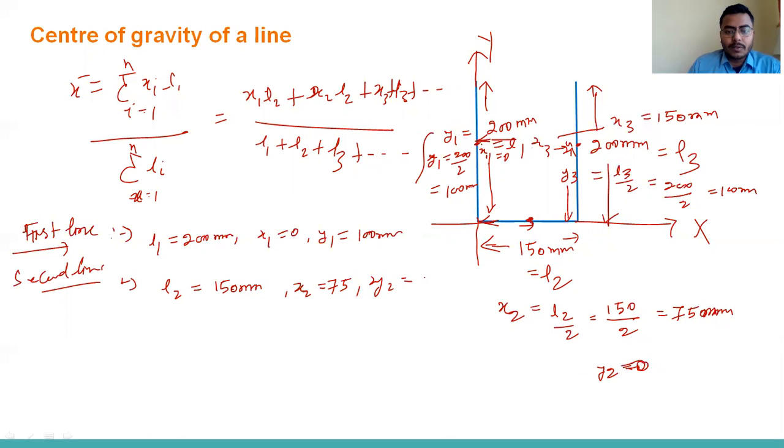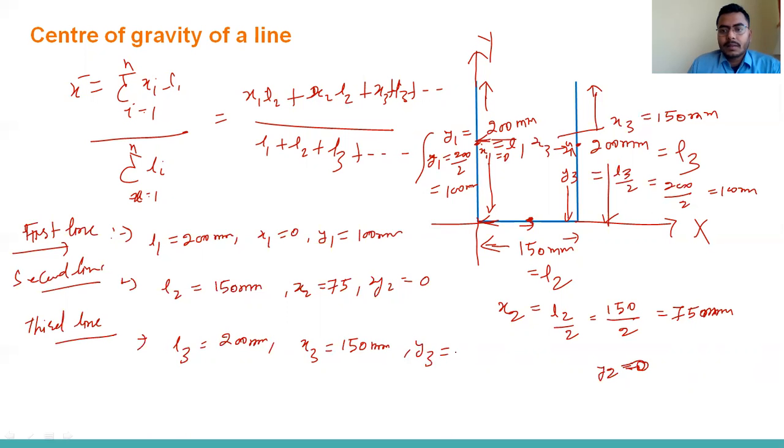Now come to the third line. L3 is 200 mm, x3 is 150 mm, and y3 is 100 mm.